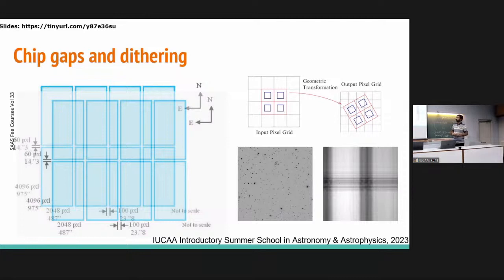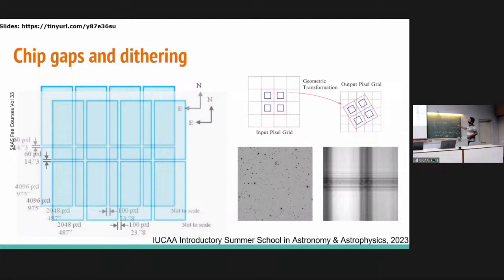Okay? And so what you have to do is define some sort of input pixel grid that you have from the original image, and then you define something called an output pixel grid, which is a common grid onto which you want to map all your images so that it becomes easy to see.